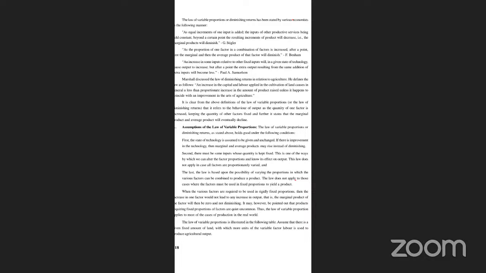And the second is the inputs whose quantity is kept fixed. One way we can alter the factor of production and its effect on output. So this law does not apply if all the factors are proportionately varied. Suppose in capital, land, and labor, all three are varying, then this particular law does not apply there. Only one of the factors should vary and the remaining should be constant.